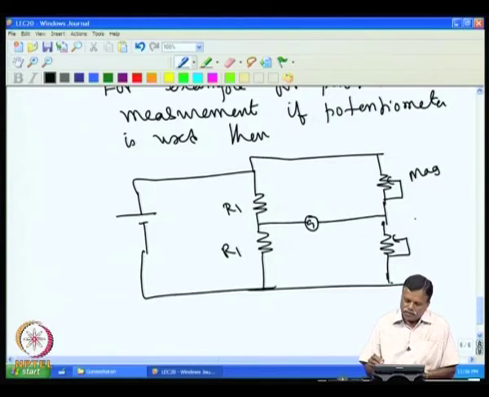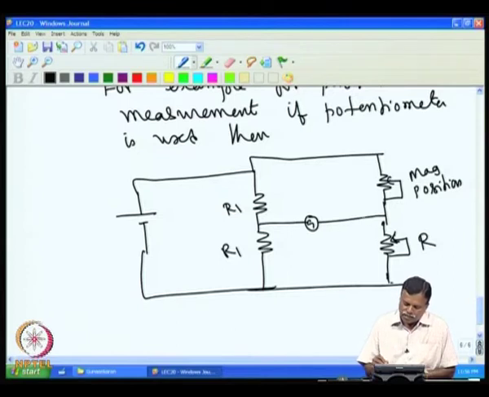Now, if this is the position, depending upon the valve position, assume that the potentiometer is varying and the resistance value of this gives you the valve position. In that case, I will adjust this resistance R to get a balance.